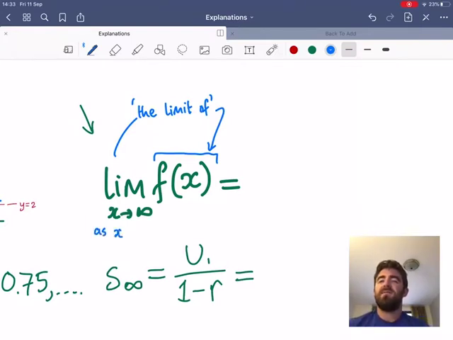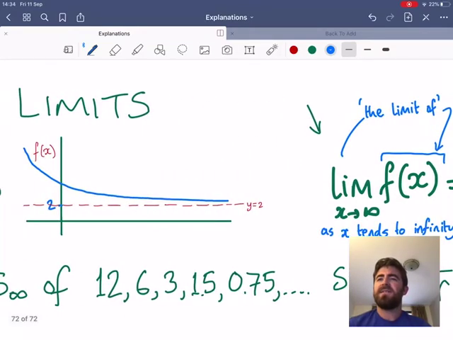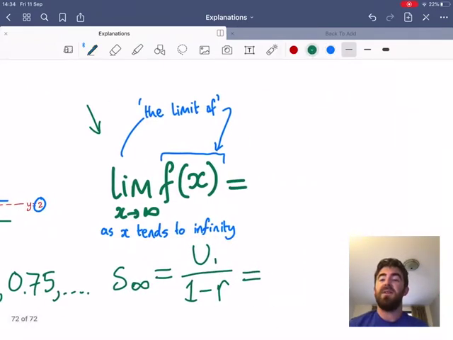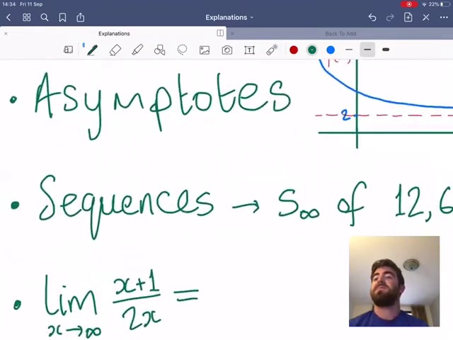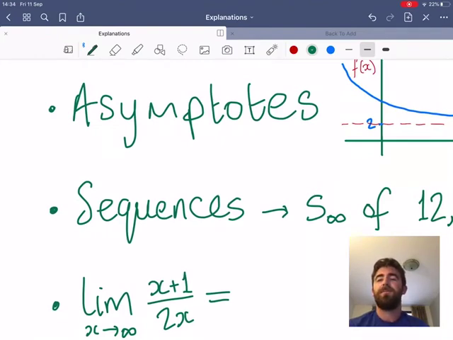And this little writing underneath means as x tends to infinity, as x gets infinitely big, as it's getting bigger and bigger towards infinity. So in this example, what is the limit of this function f of x as x gets really big in the positive direction, as x tends to infinity? Well, the limit is 2, as we know, because the asymptote is at y equals 2.